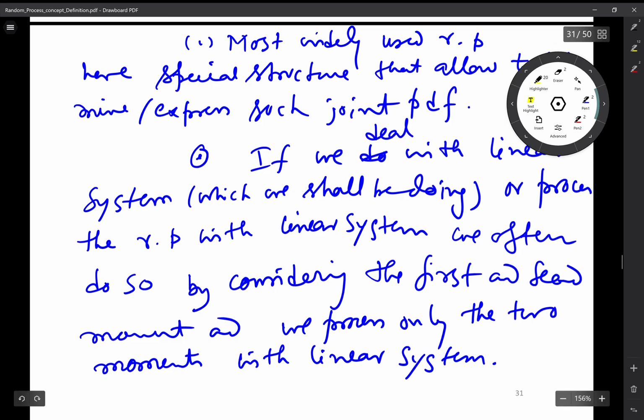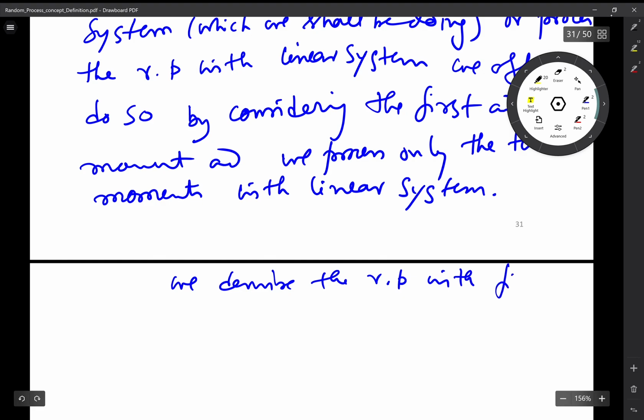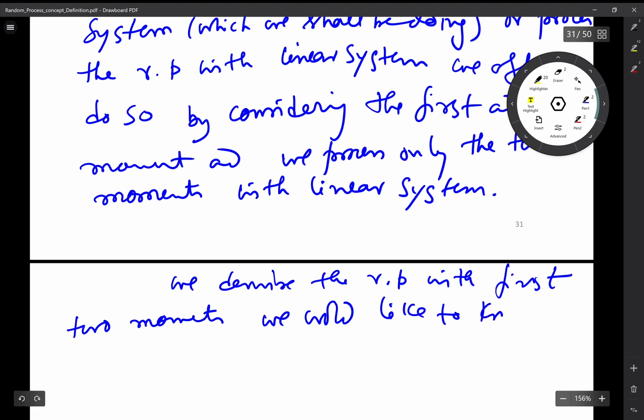That means we describe the random process with the first two moments, and we would like to know the first two moments of the output.